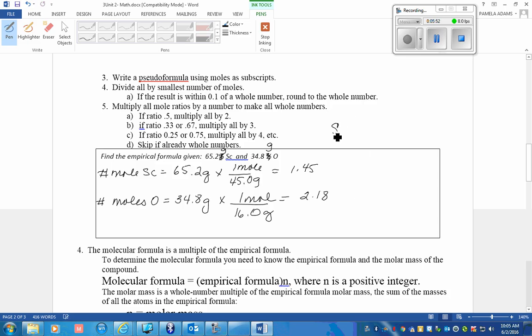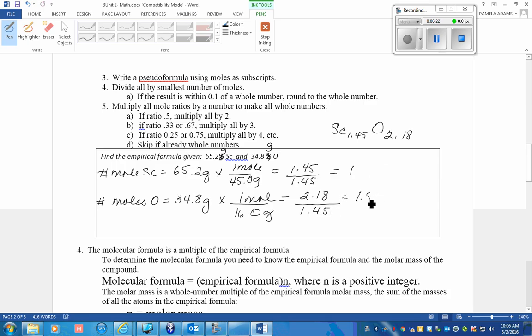It would be inappropriate for me to write the formula of this compound like this. Only whole numbers as subscripts. I can get a whole number right off the bat by dividing by the smallest, by itself. The smallest is divided by the moles of each one. Now I have at least one.